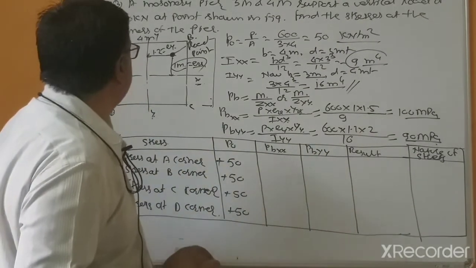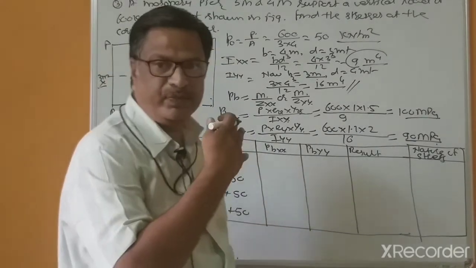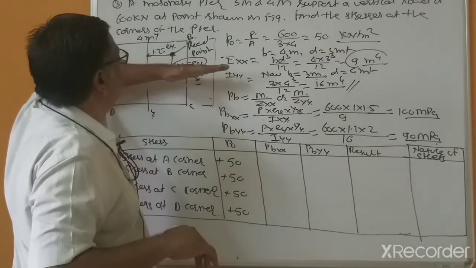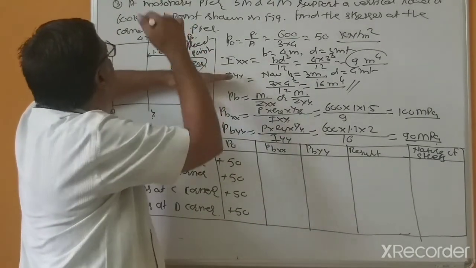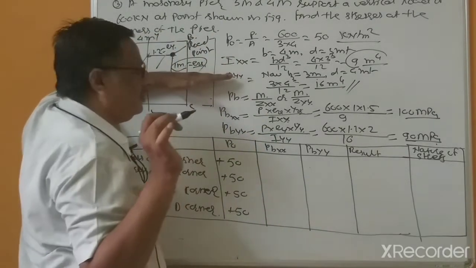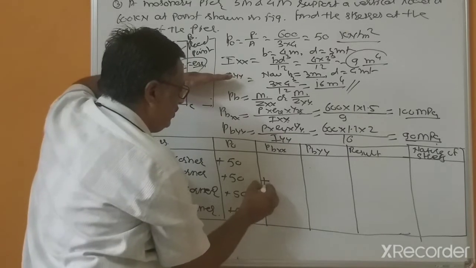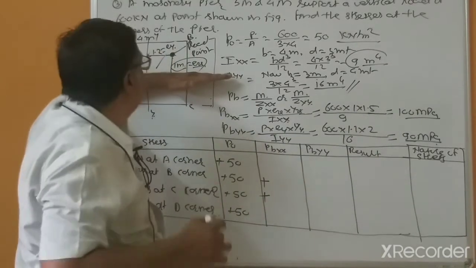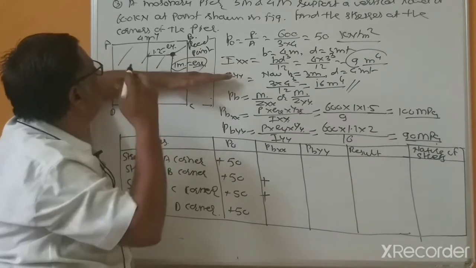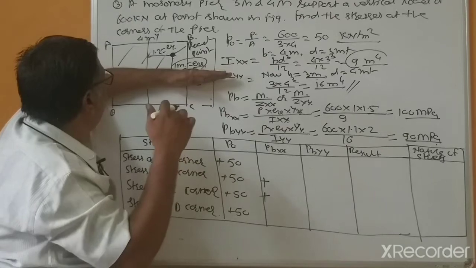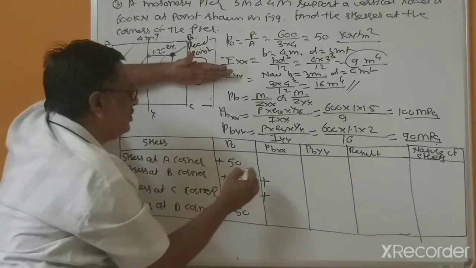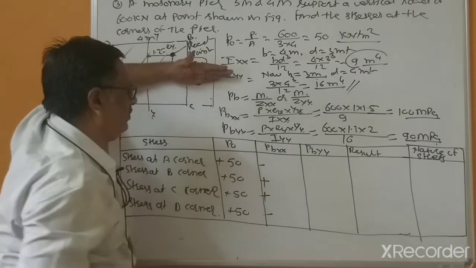Now the load point is in the upper side of the x axis. So in these areas, at A and B corners, you will get positive bending stress, because the load point is above the x axis. The load point is not below the neutral axis, which means at C and D points this is negative.